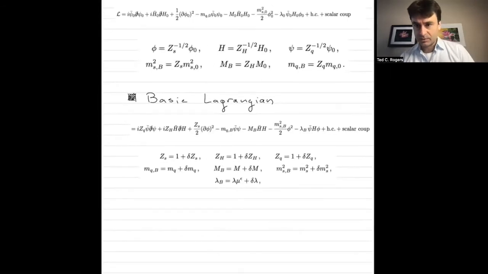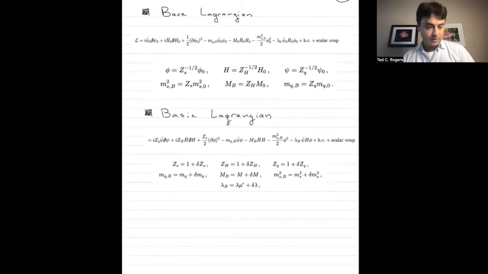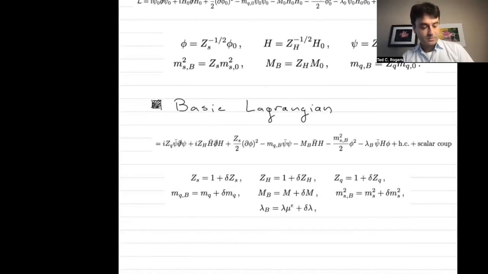It's the same Lagrangian, just with different notation. And it looks exactly like the standard Lagrangian you would write down if you were not thinking about interactions or normalization. The only difference is that these kinetic terms have these overall normalizations, z sub q, z sub h, and z sub s.